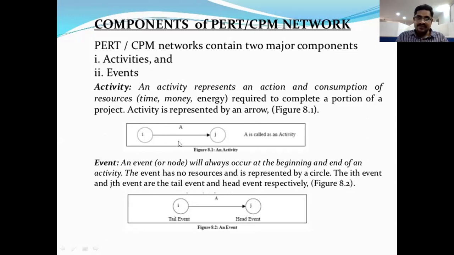An activity represents an action and consumption of resources, like time consumption, money consumption, and energy consumption, required to complete a portion or a part of a project. That portion of a project is called an activity. An activity is represented by an arrow.